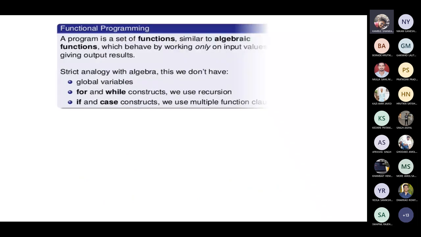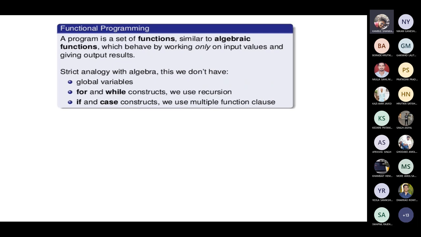So every language has got a different commenting symbol. So a program is a set of functions similar to algebraic functions. So whenever you write a program in Erlang, like I'm talking about an Erlang program, it's basically a set of functions similar to any algebraic functions which behave by working only on the input values and giving the output results.